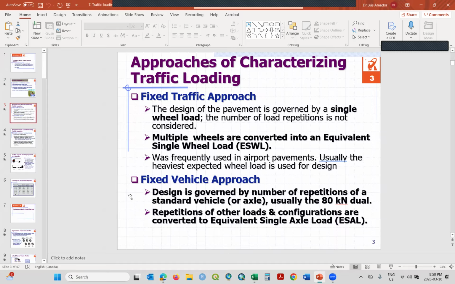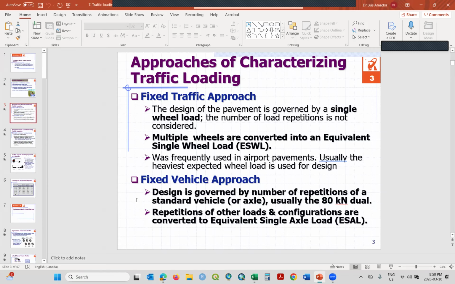The fixed vehicle approach is the one that is embedded in the AASHTO 93, and this is still used today. This was used for a few decades. It has been replaced recently, a few years ago, and it typically assumes a standard type of axle and applies a number of repetitions of loads through that standard axle.